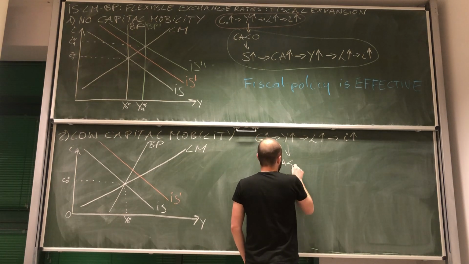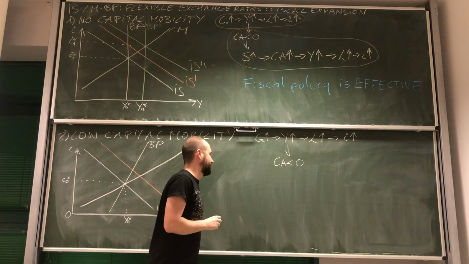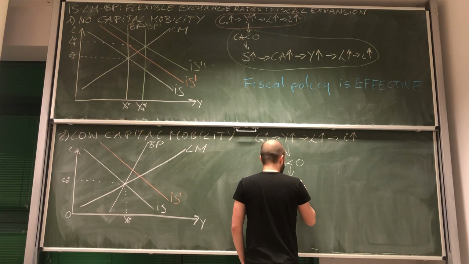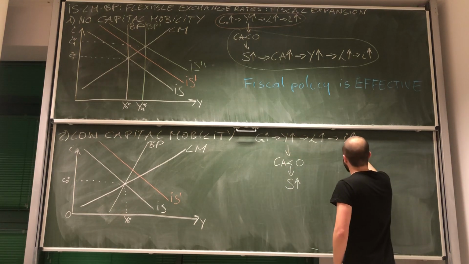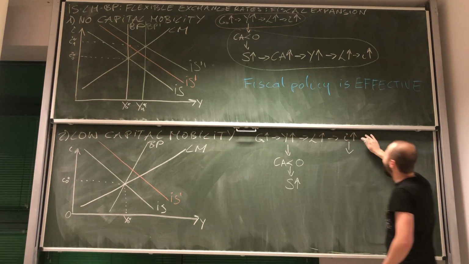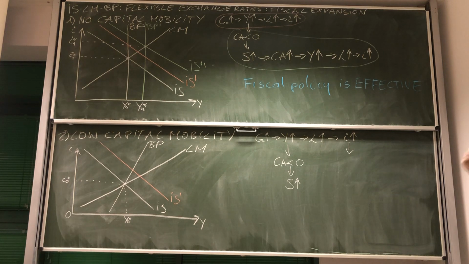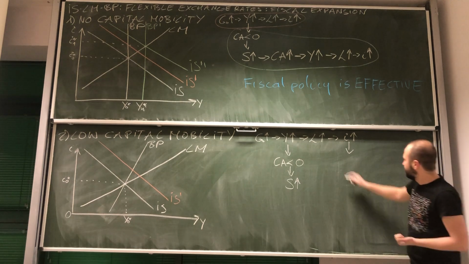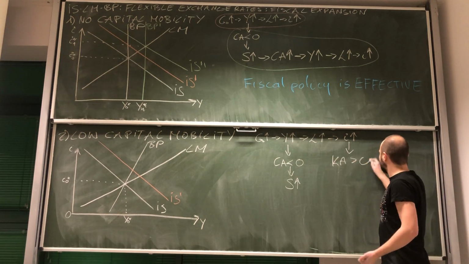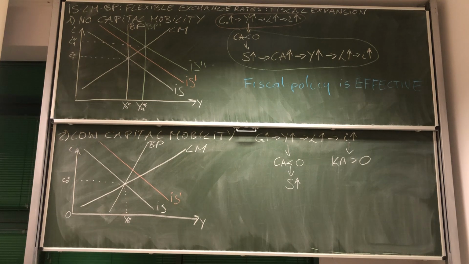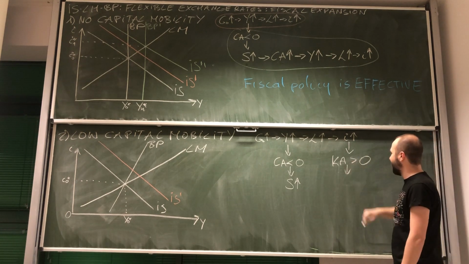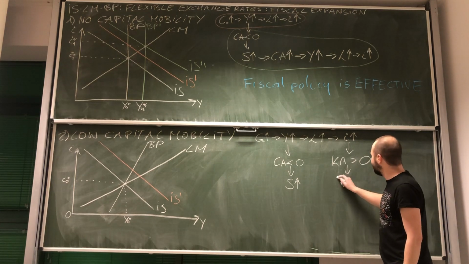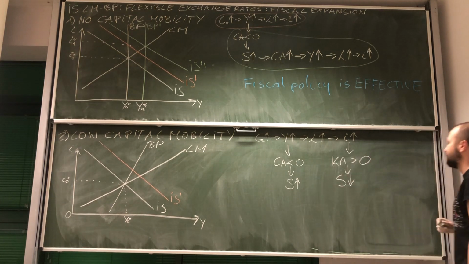The current account goes to deficit, which creates pressure on depreciation. But what happens over here? A higher interest rate means that our assets, our bonds, bring a higher rate of return. We observe capital inflow. The capital account goes into surplus this time. So what kind of pressure do we expect here? Well, foreigners want to buy more of our currency, so we see pressure on appreciation.